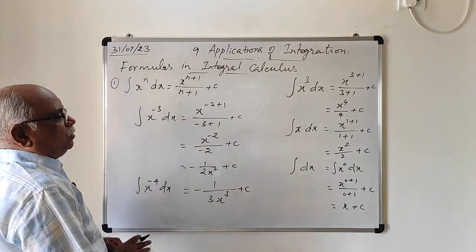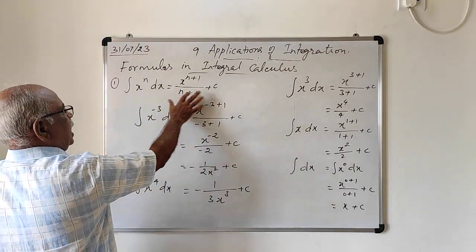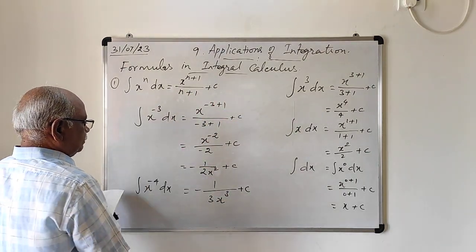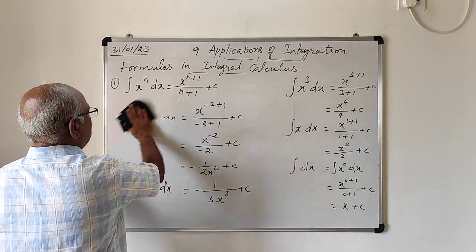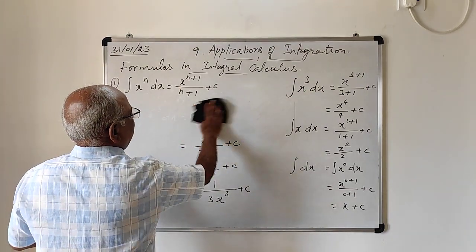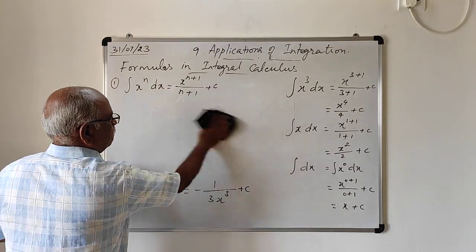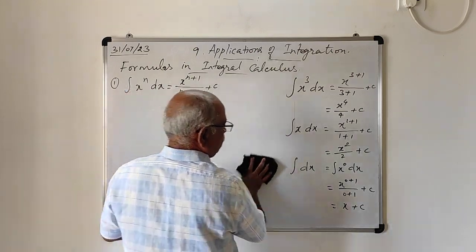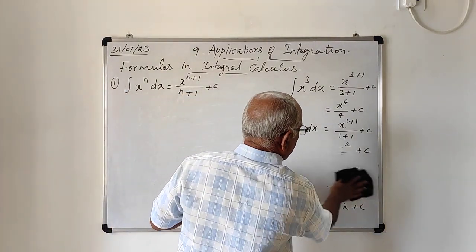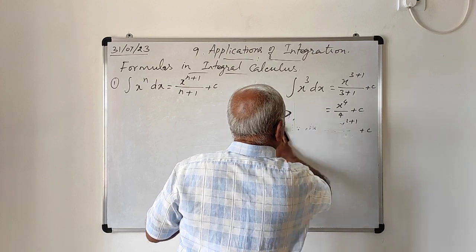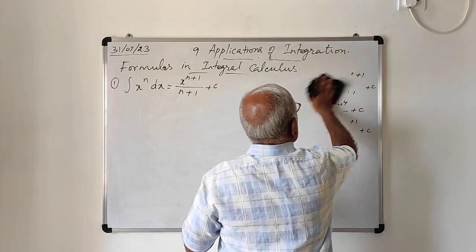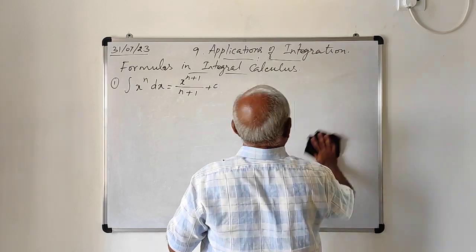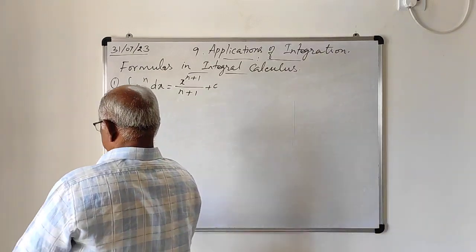So like that, we have to use this result for solving these problems. These are the things you have studied already in your own standard. Just recalling the results only.